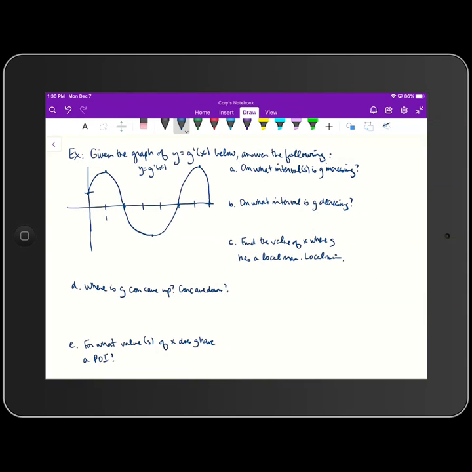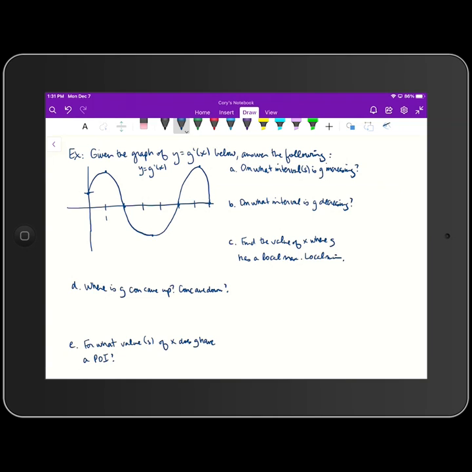So it says, given the graph of y equals g prime of x below. So again, that's the graph of g prime, not the graph of g. Okay, so we're going to be analyzing the graph of g prime here. We are asked to answer the following. Part A asks on what interval or intervals is g increasing. Part B asks on what interval is g decreasing.